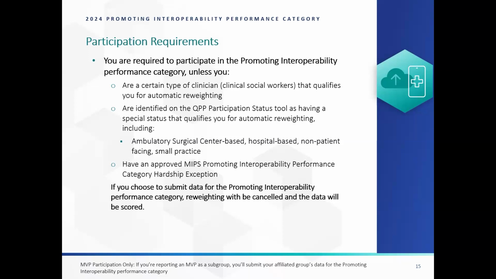However, if you decide that you want to submit your data because you think you'll do really well on promoting interoperability, you may do that. The act of submitting data will automatically cancel your hardship. Next slide.